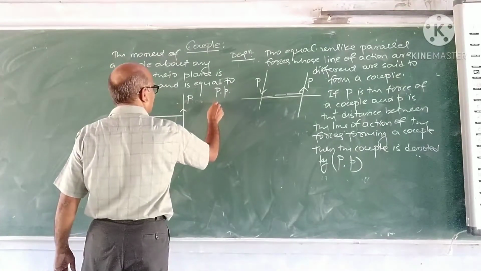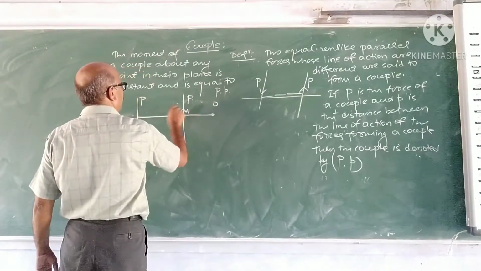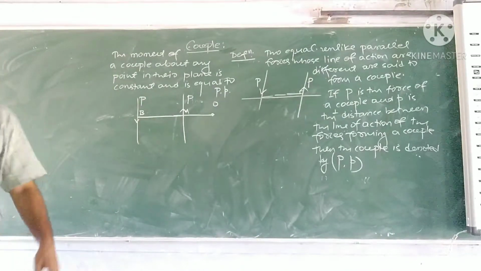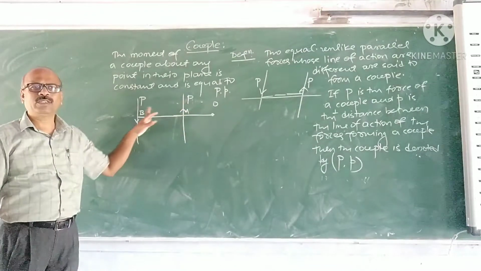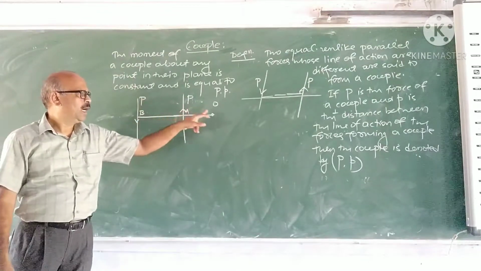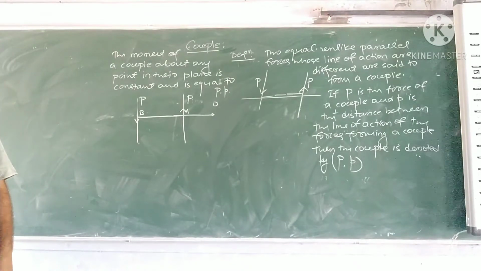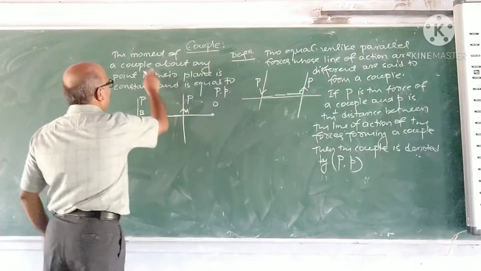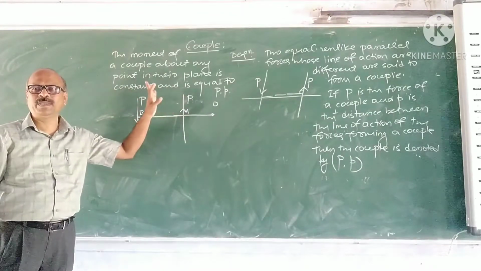From O, you have to draw a perpendicular which intersects the line of action of the forces at A and B. Now, the moment of this couple about O is the same as the moment of their resultant. To prove this: the moment of a couple about any point in their plane is constant and is equal to P into p.